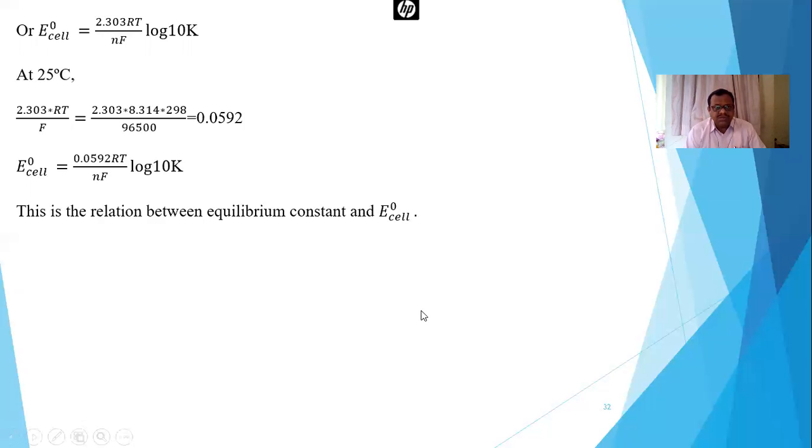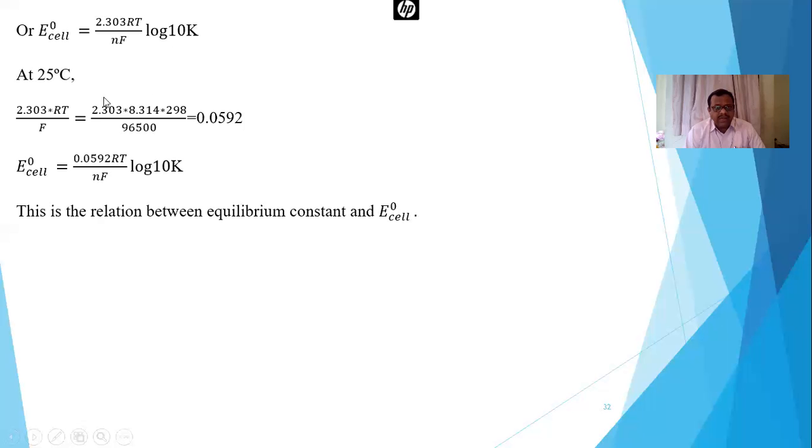If the temperature is 25 degrees Celsius, which is equal to 298 Kelvin, then we can write 2.303 RT upon F as 2.303 into the value of R, that is 8.314, into the temperature, that is 298 Kelvin, upon the value of Faraday, that is 96500.